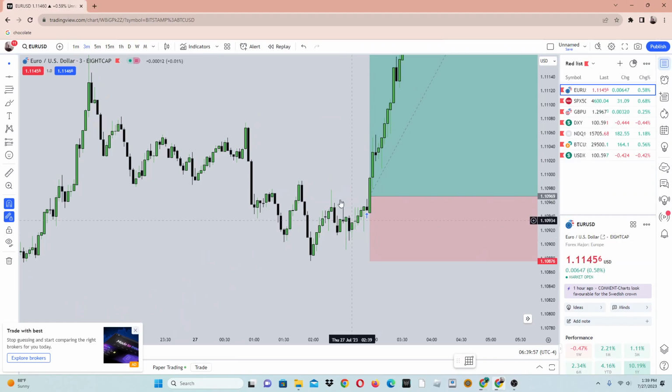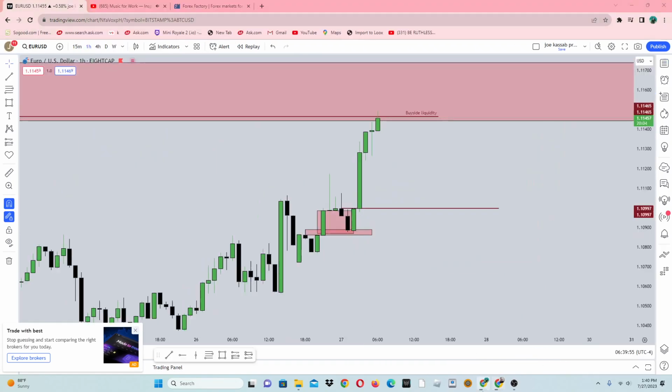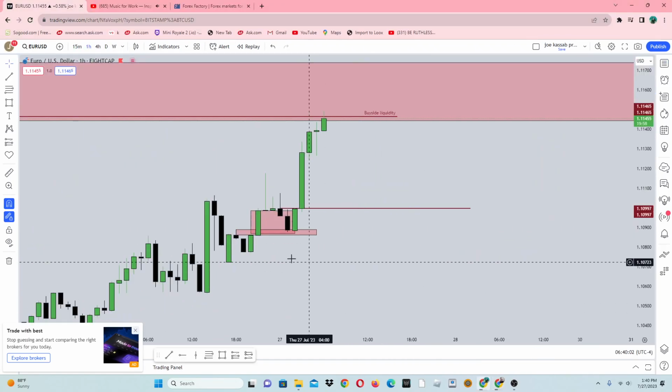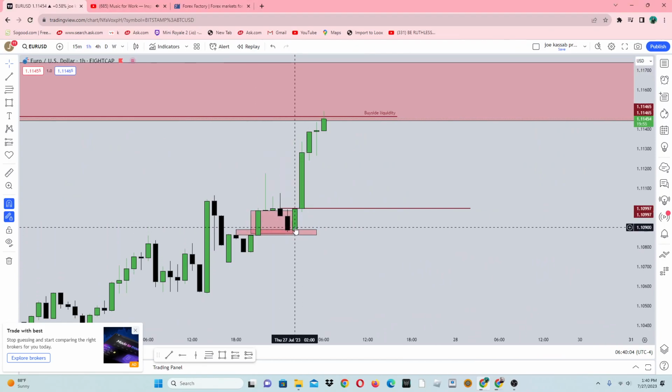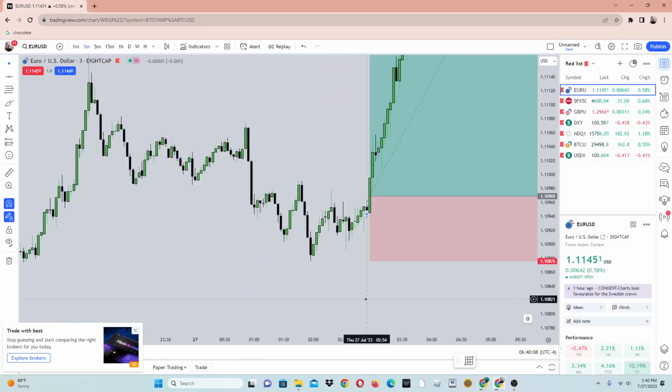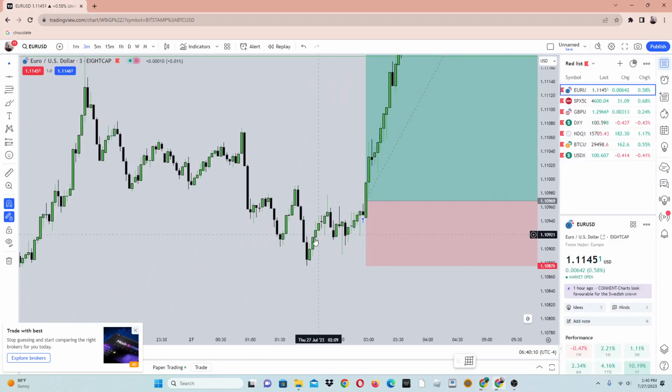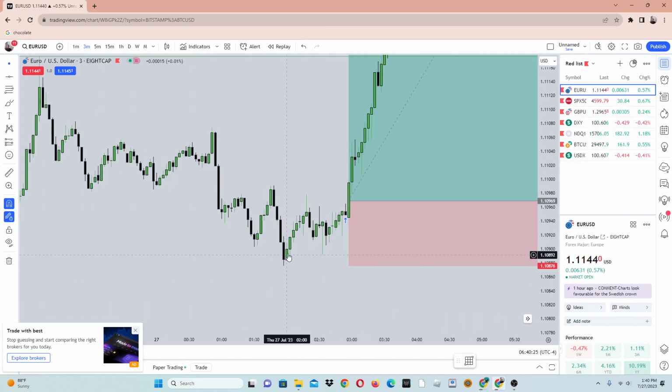Then we started to form the second hourly candle, which I was anticipating to form the swing point in order to push higher. What happened right here is we had some retracement, but we didn't have a shift in market structure. We had the retracement into this small fair value gap, but we did not break this swing point from the other hourly candle.